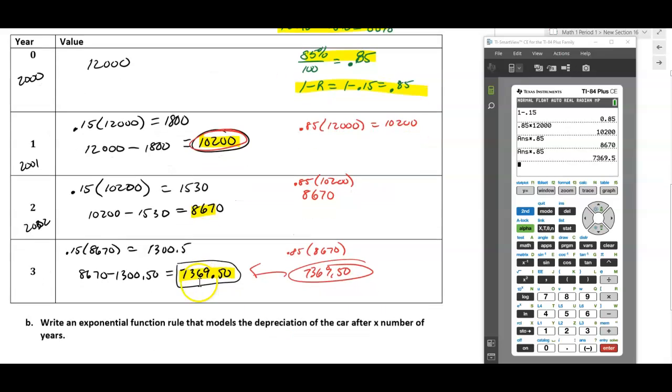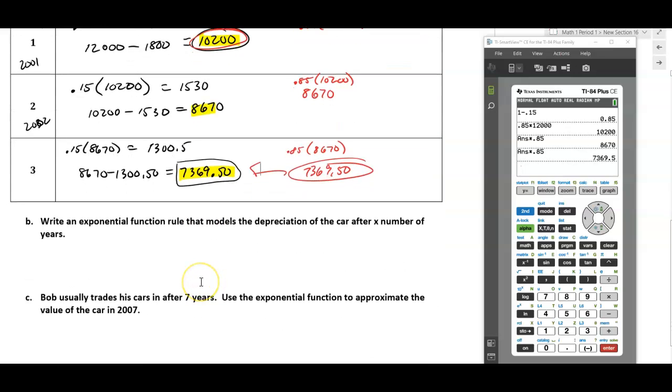So how can we write this exponential function rule to model the depreciation of the car after x number of years? Well, we know a is 12,000. That's our initial amount. Our rate of depreciation is 15%, and if we convert that to a decimal, it's 0.15.